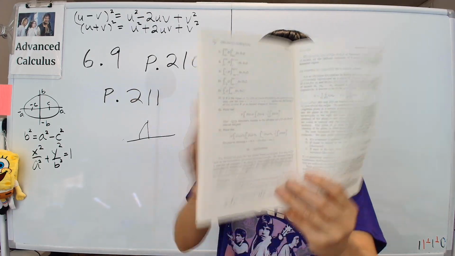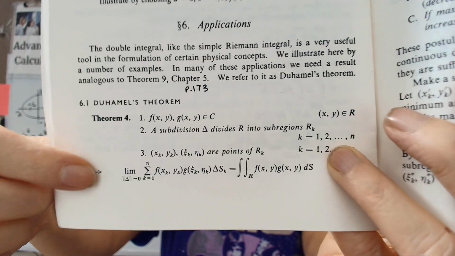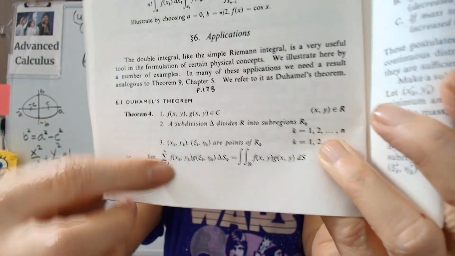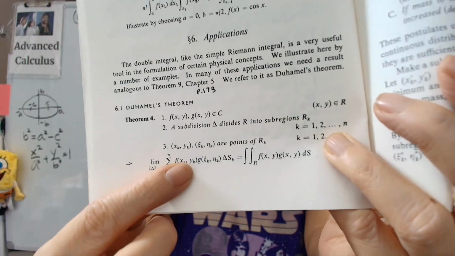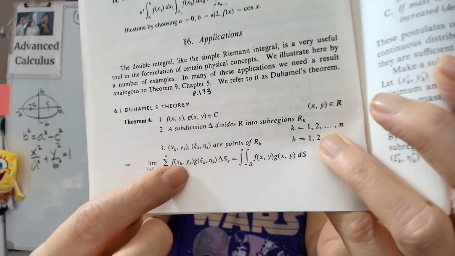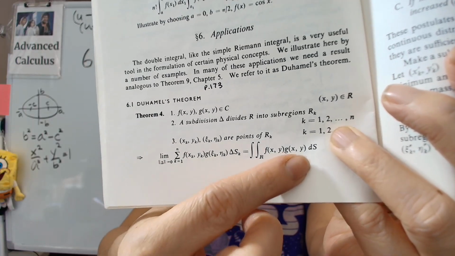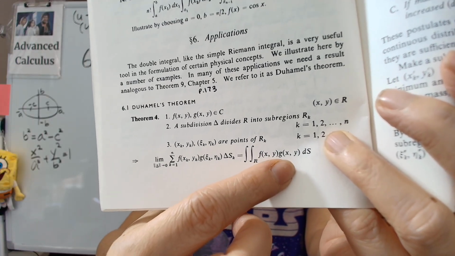Okay, so Duhamel's theorem says that if we have a sum of f and then g, where the stuff inside is not necessarily the same, taking the limit of the sum is the same as just integrating the whole thing.